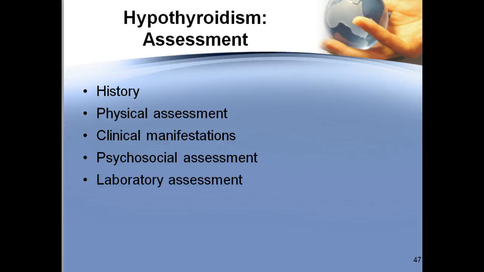Now, unlike somebody with hyperthyroidism, they tend to have cold intolerance. So basically, this person usually wants a lot of blankets and all the time is saying that they're cold.